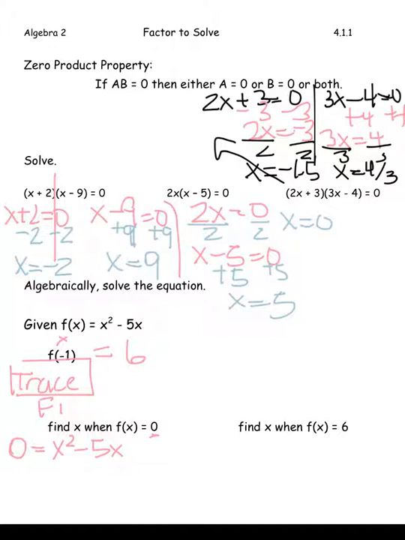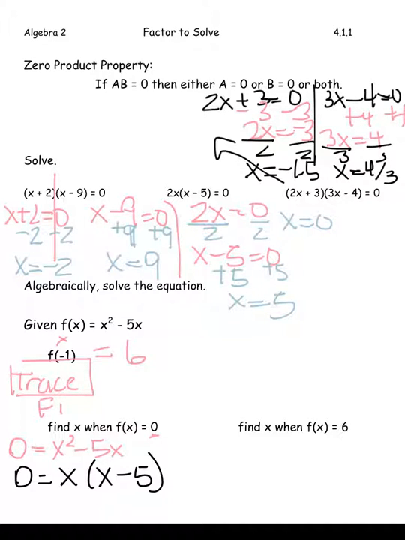Remember, the first question is always, is there a greatest common factor? And sure enough, x squared and 5x have an x in common. So if I factor out the x, I'll have x minus 5. So hey, that's a multiplication problem now, and I can set each factor equal to 0, and I can solve it.